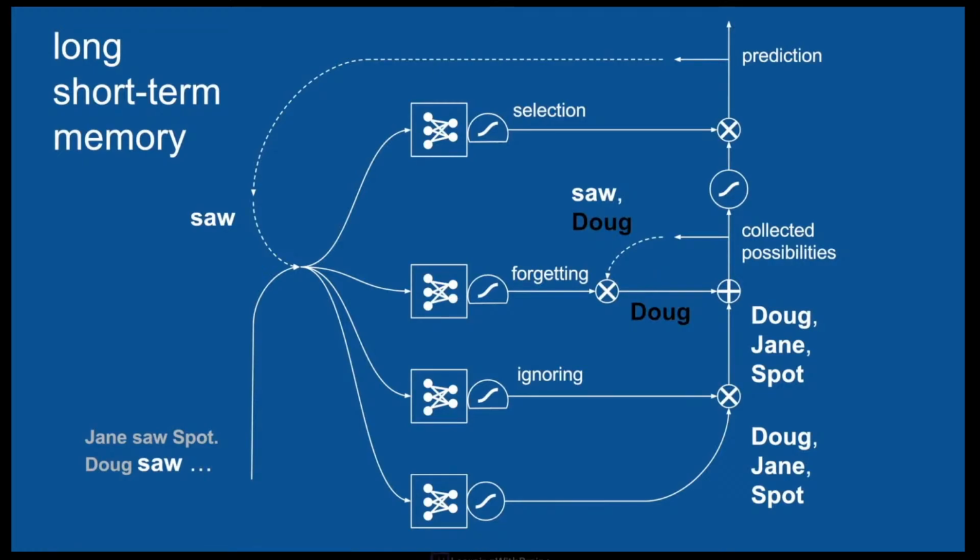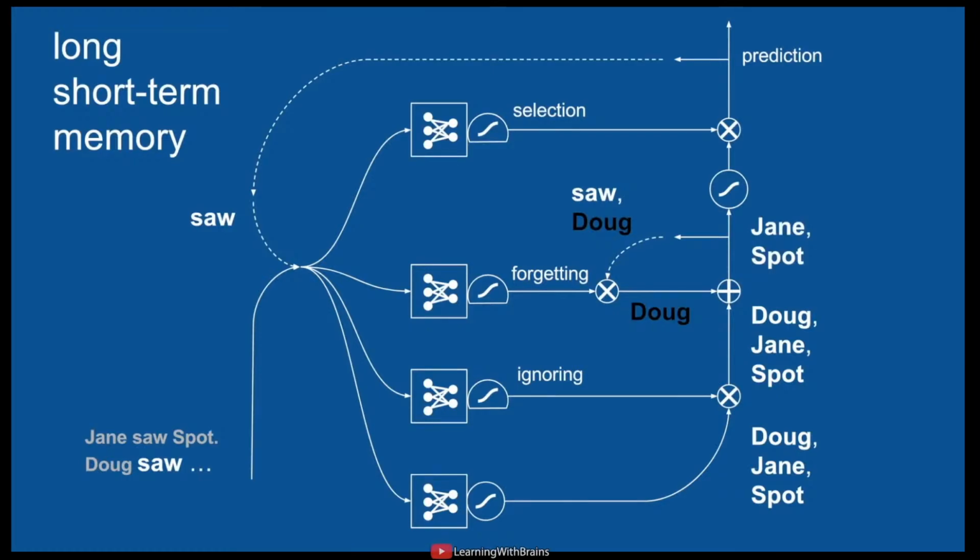Based on my past experience, I know that it occurred, I can forget that it happened, but I want to keep any predictions having to do with names. So it forgets saw, holds on to the vote for not Doug, and now at this element by element addition, we have a positive vote for Doug, a negative vote for Doug, and so they cancel each other out. So now we just have votes for Jane and Spot.